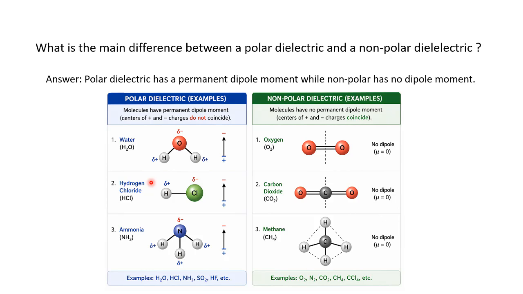As a result, their net dipole moment is 0 under normal conditions. When an external electric field is applied, polar dielectrics align their existing dipoles with the field, and non-polar dielectrics, on the other hand, develop induced dipoles due to distortion of their electron clouds.